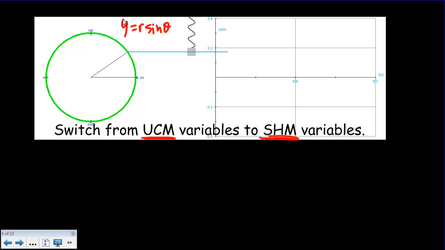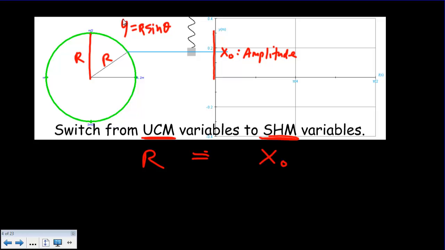First thing we can say is that this radius in uniform circular motion is going to be equal to the amplitude of simple harmonic motion. So radius is going to become amplitude.